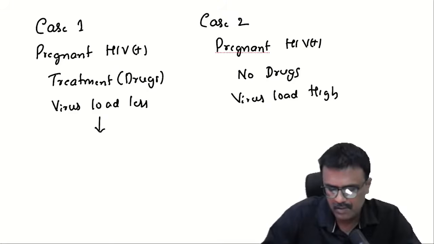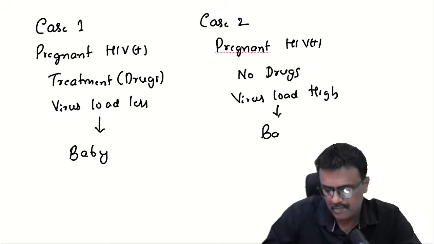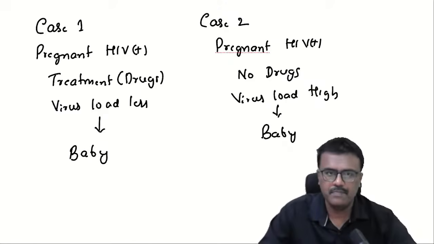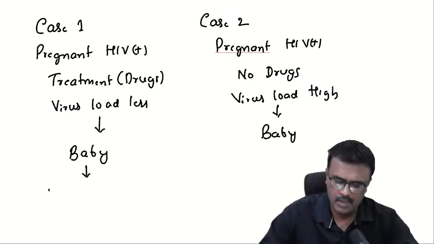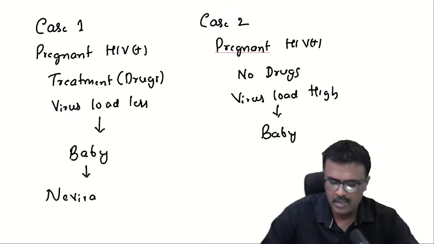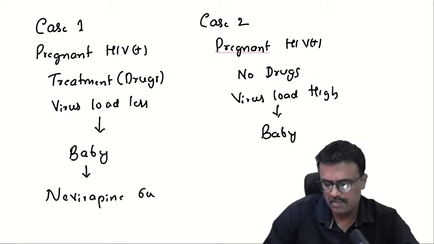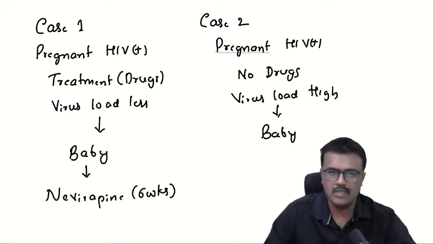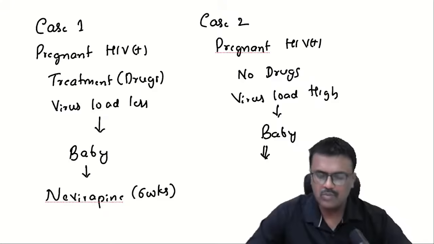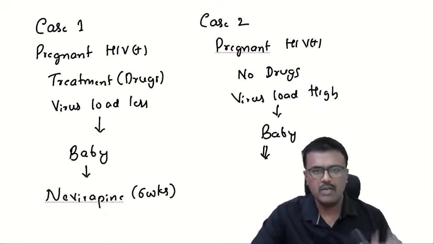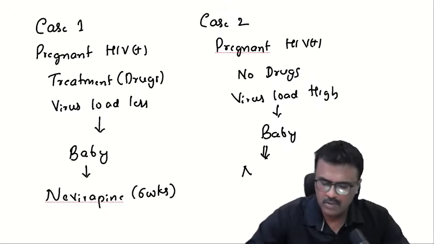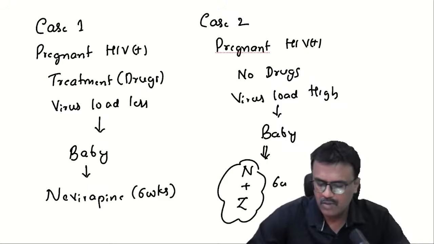Now the baby is delivered. So in case 1, she is HIV positive, she is taking treatment, and virus load is less, then we can give only one drug, nevirapine, for 6 weeks minimum, and then we'll check and decide what to do next. In case 2, she is not taking any drug or she doesn't know she has HIV, then only you know it. Virus load is very high. Then I have to give 2 drugs for the child, nevirapine plus zidovudine for 6 weeks.